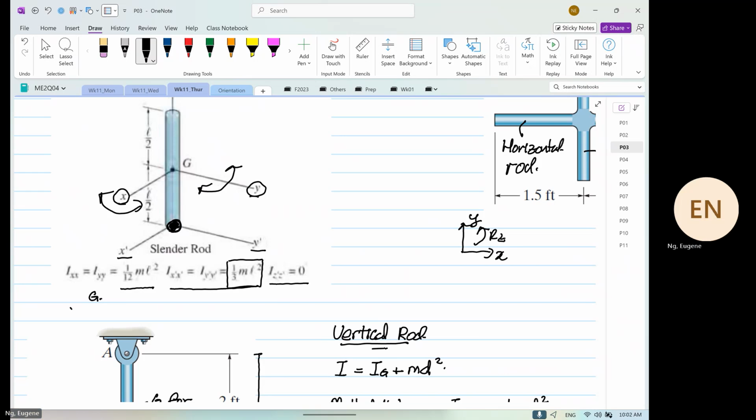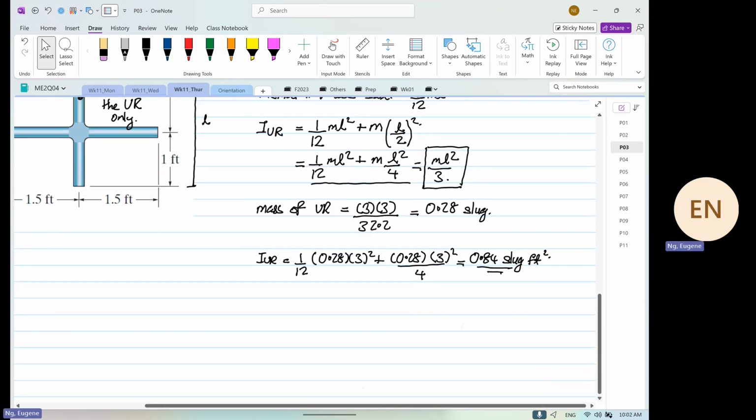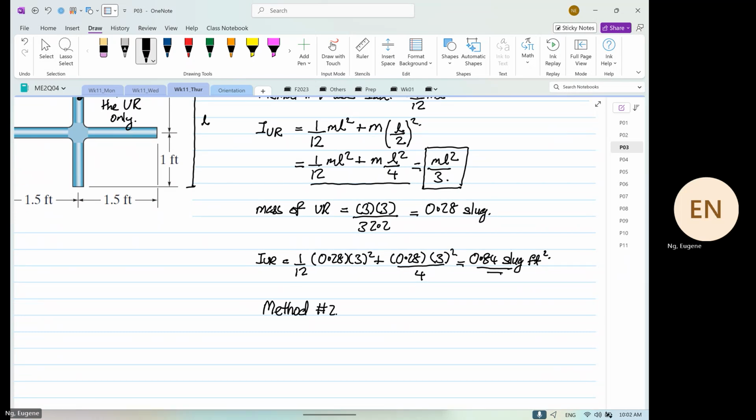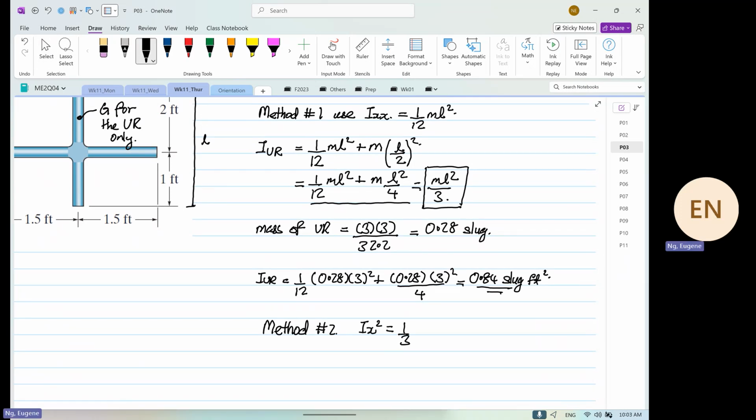Okay. So now if we were to use method number 2, where you use Ix prime is equal to 1/3 ml squared.